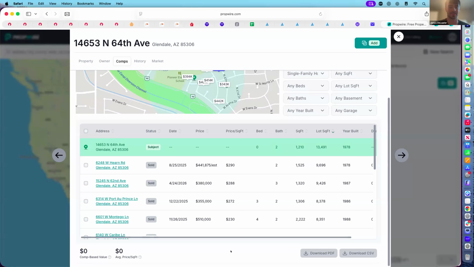I don't think that number is as important, because very rarely are you going to ask to buy it for whatever it's listed for, or maybe never.